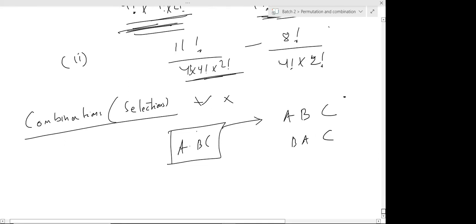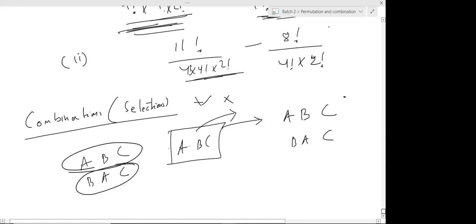But if I ask you to choose 3 things, then it doesn't matter if you choose ABC or BAC, right? You are getting these 3 only. So in choosing or selections, ABC or BAC, there is no difference. But in arrangement, there is a difference. All right. So this is the difference between arrangement and combination. Order doesn't matter.